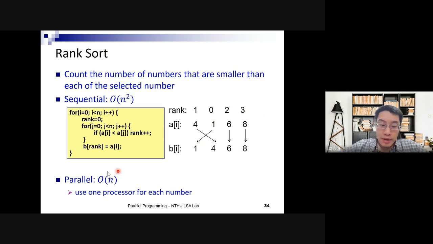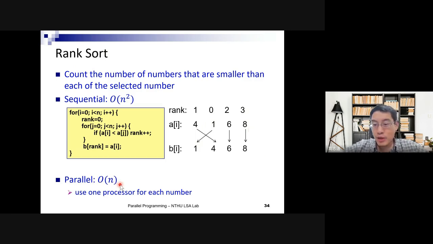But for parallel code, it's very simple, because how you parallelize it is simply to assign a process to determine the rank of a single item. That process simply needs to scan through all the items and determine the rank. Since we have n numbers, we have n processes, so we can just assign one process per item and complete this ranking computation in O(n) time.